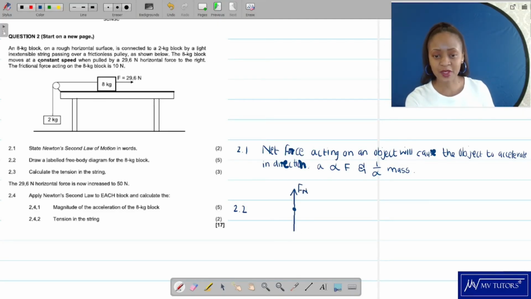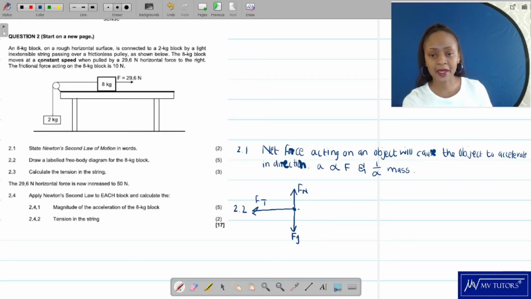Then we have the force of gravity, gravitational force, that is due to the weight of the object. Then we have the force of tension. That's the string. So we have tension force.